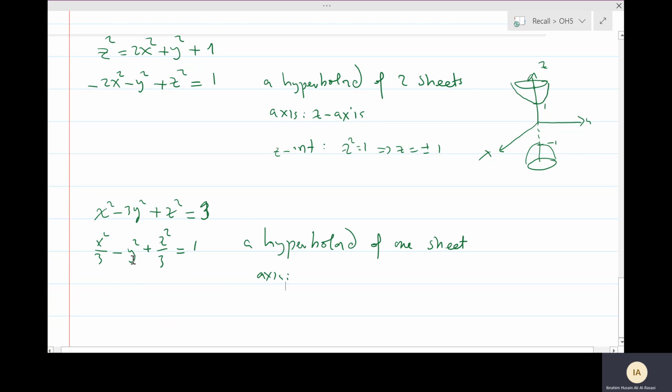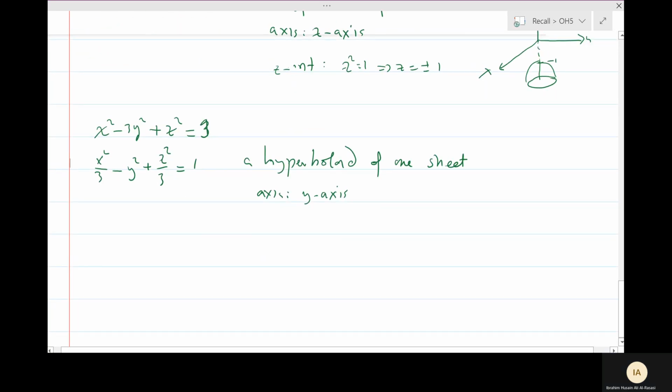The negative sign is with y, so the axis is the y-axis. To graph it, you only need the general graph. So this is the y-axis here, this is the x-axis, and this is the z-axis.